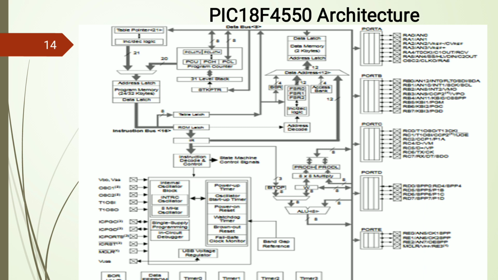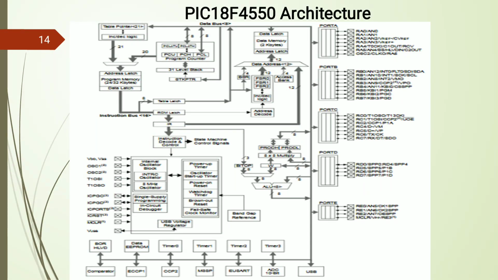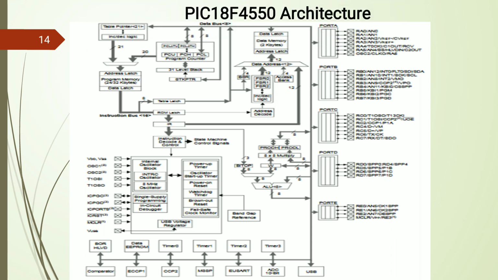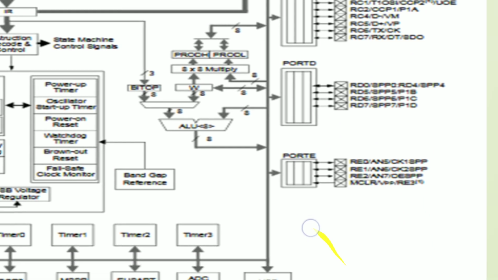And this is the architectural diagram of the PIC 18F4550 microcontroller. In this microcontroller, IO pins are increased in port A: 1 IO pin is increased instead of 6 in the earlier case, here 7 pins are there, and in port E, instead of 3, 4 IO pins are there.